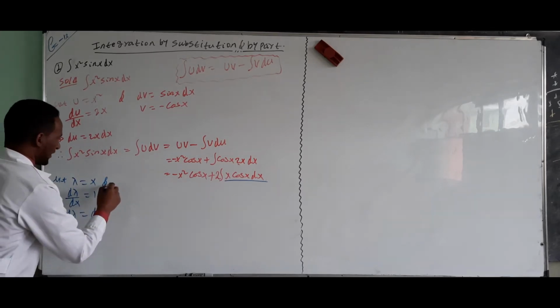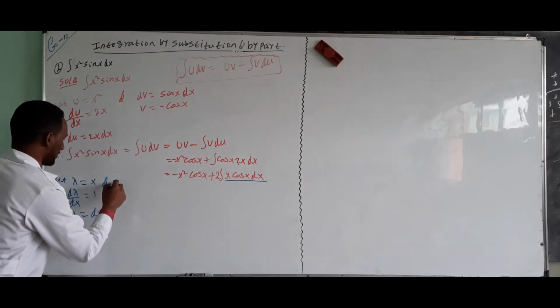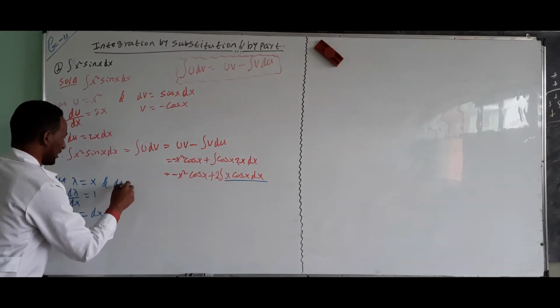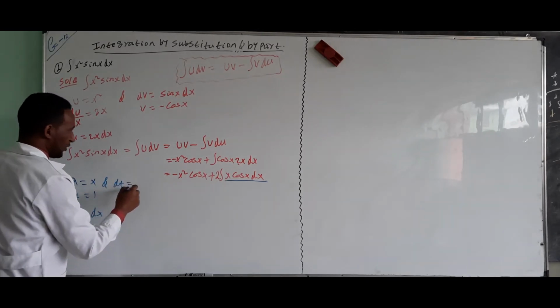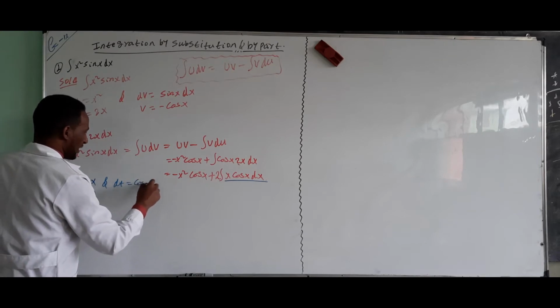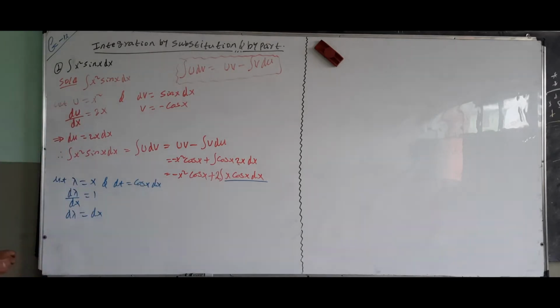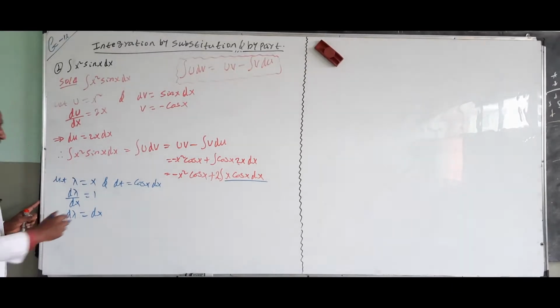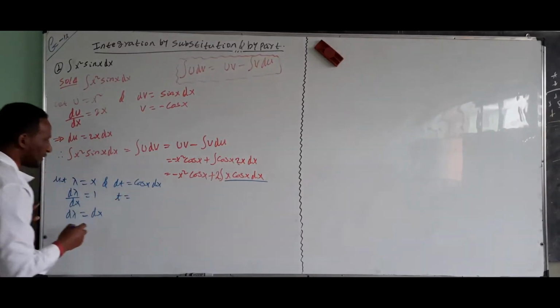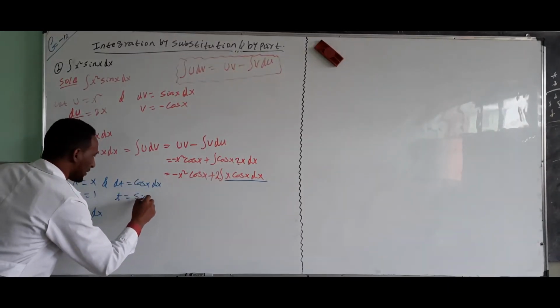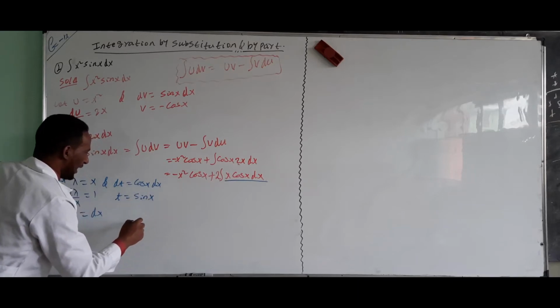And let us take dt is equal to cos x dx. Then by integrating both sides, t is equal to sine x.